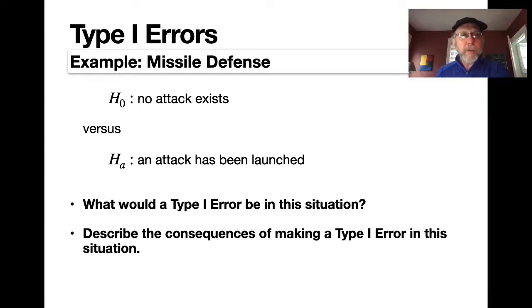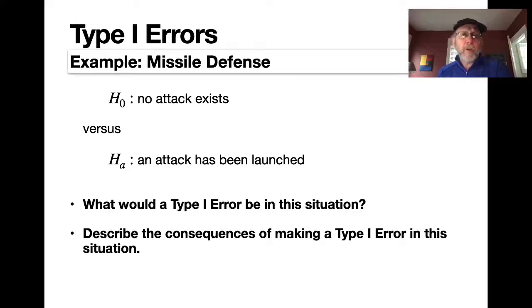What would the consequences of a type 1 error be in this sort of situation? Well, they could be pretty severe, right? No attack is actually underway, and yet you raise the alarm. An attack has been launched. What could happen? Well, very likely you would launch a counterattack.